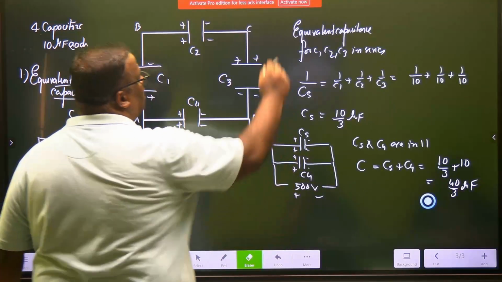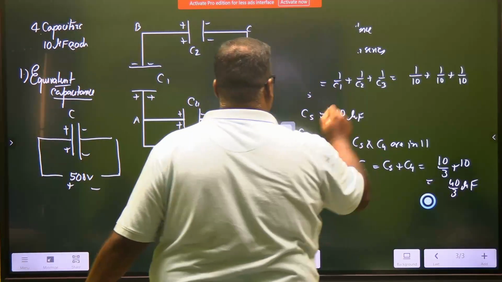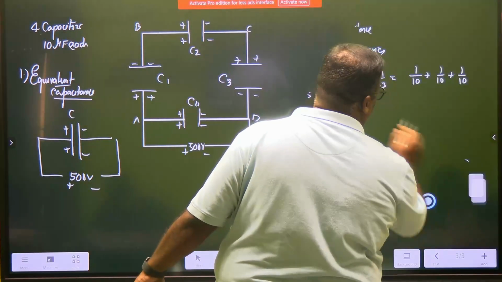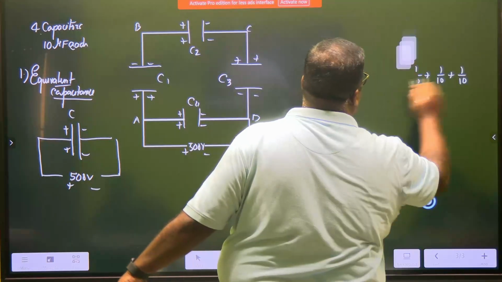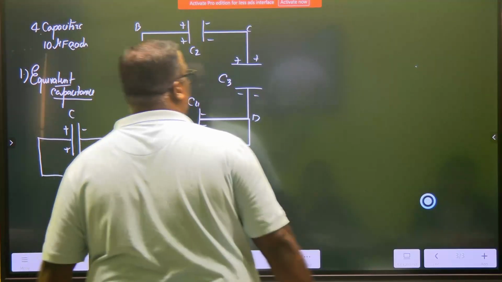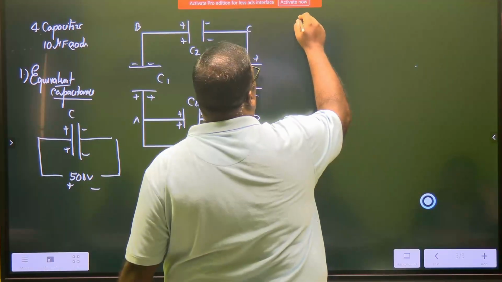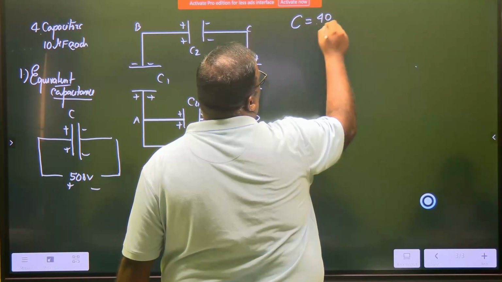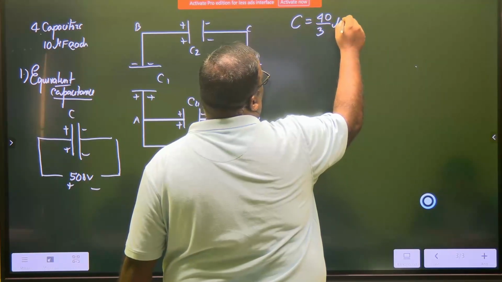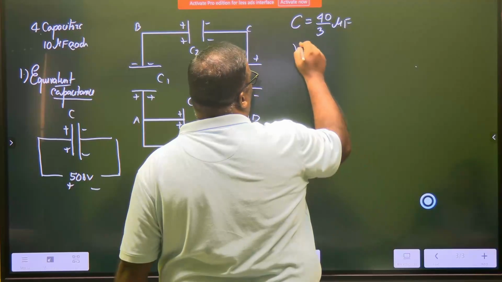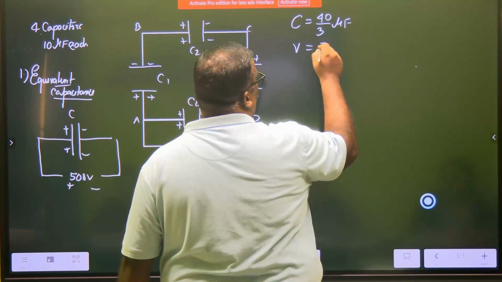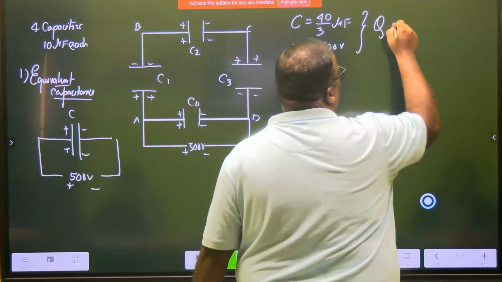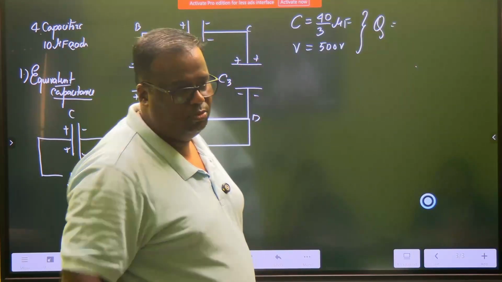Now we have to find the charge on each capacitor. We found that the equivalent capacitance is 40 divided by 3 microfarad, and you are supplying 500 volts. Can you not calculate the entire charge moving in the circuit?